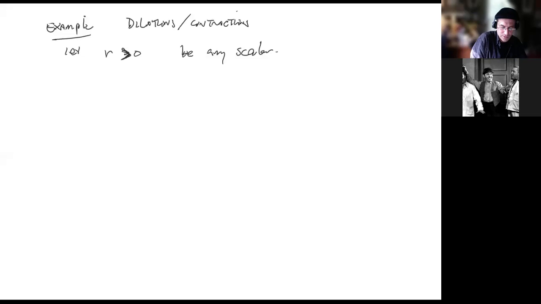So we fix a scalar r, like 2 or a half, and we define a function from R^2 to R^2.